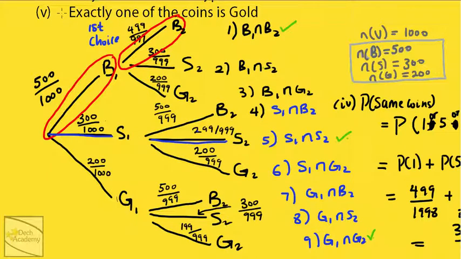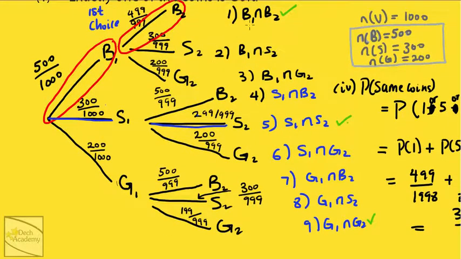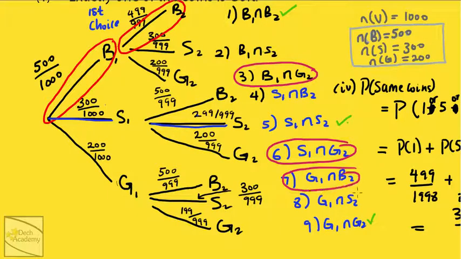For part 5, we need to find the probability that exactly one of the coins is gold. I'll use red to tick. We have our sample space with 9 events listed out. We're only interested in events where there's only one gold coin. Here's one, here's one, here's one, and here we have one gold coin. So there are 4 events.